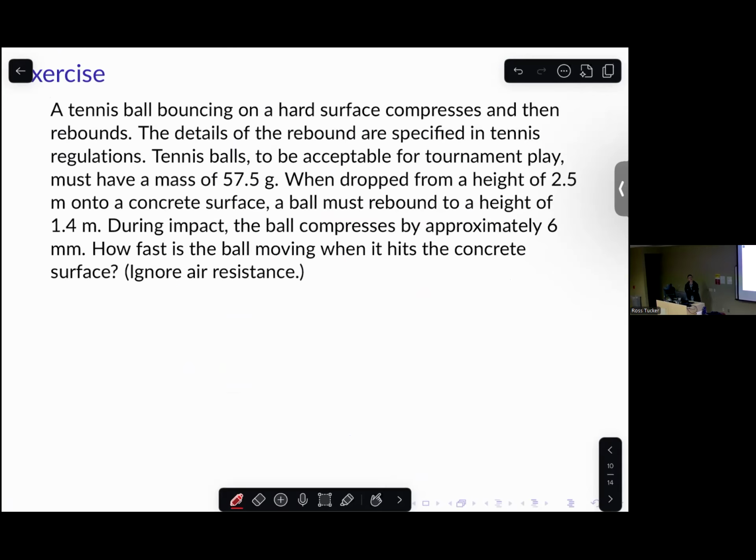And I just want you to identify forms, by the way, and I'm giving a hint that there's a work done. Work done by the normal force, I guess. And the ball is springy too. So I want you to tell me the forms of energy.